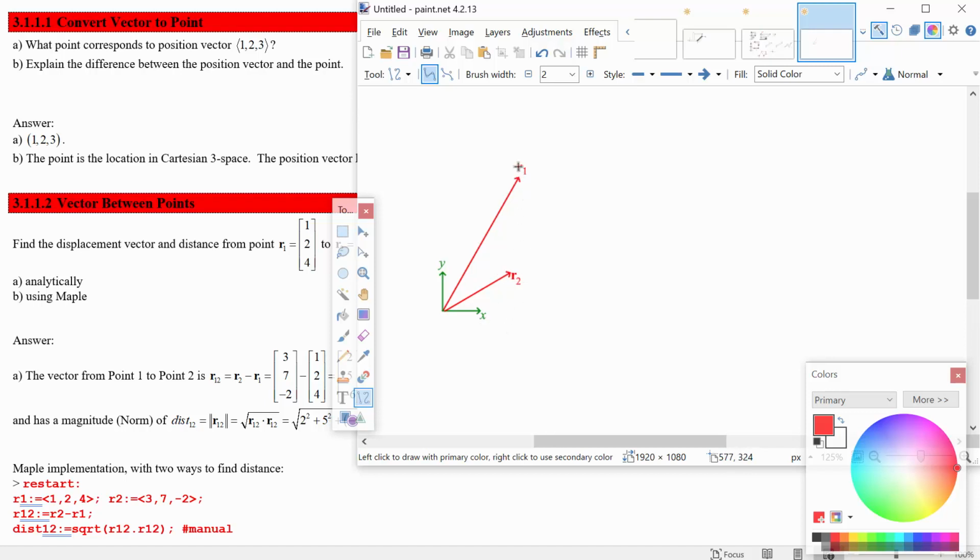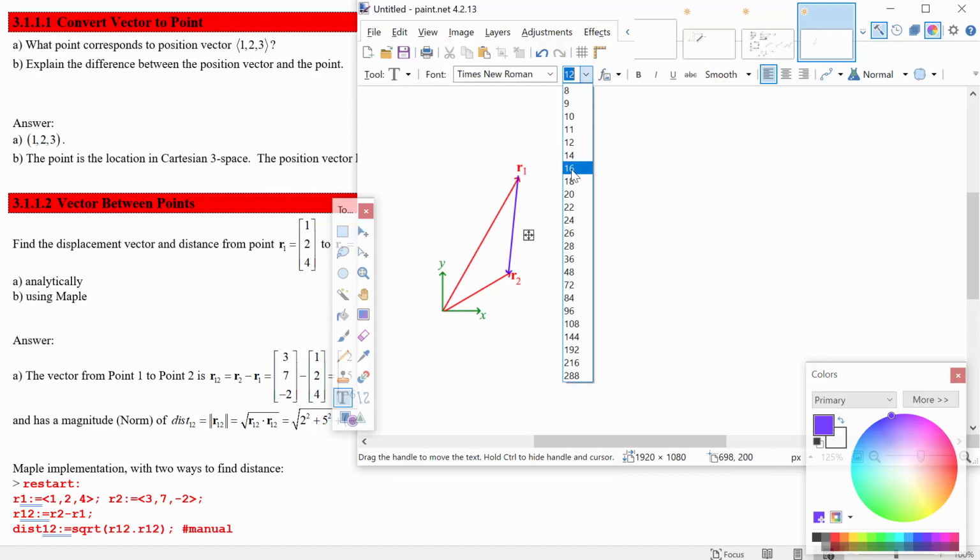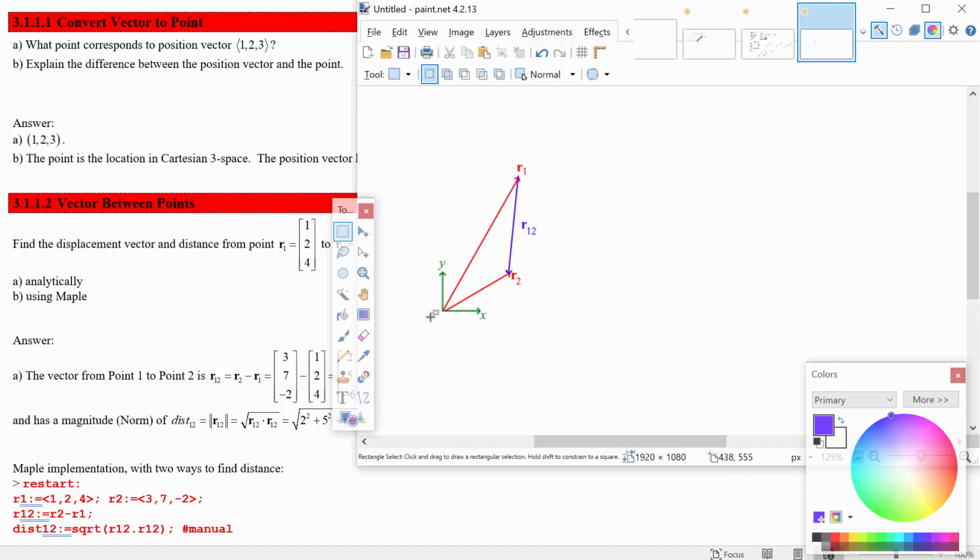The displacement from 1 to 2 should be this vector, right? We start here, and we go down to that point. This vector is the R12 that we're looking for.